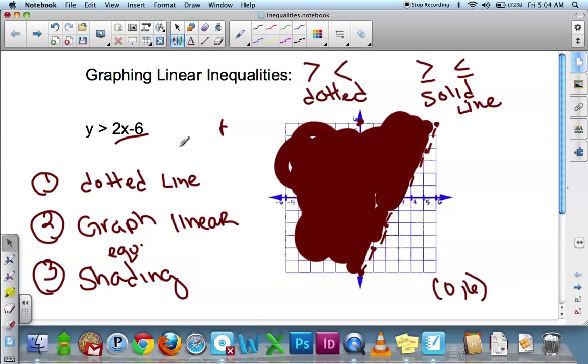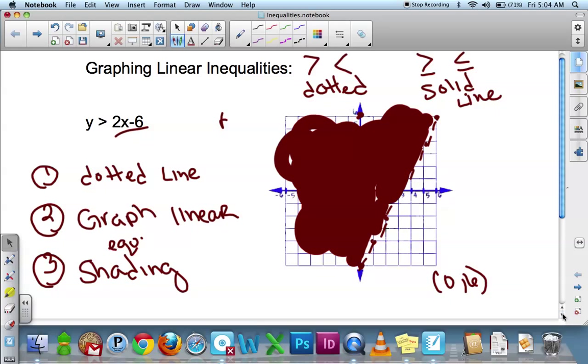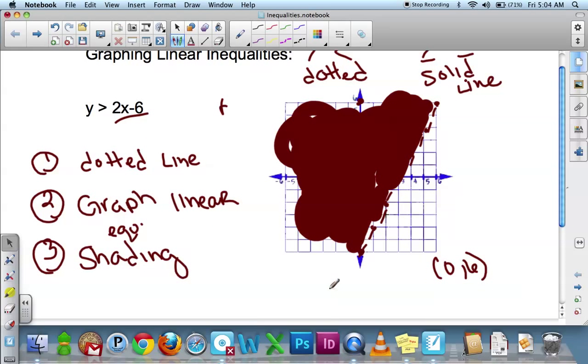If I plug in a 0 into my equation, my inequality, I'm going to plug in my 6, so I got 6 is greater than 2 times x, and that's going to be our 0 minus 6. So in this case, this whole equation gets written as 6 is greater than negative 6. This checks out. This makes sense. Now, if we picked an ordered pair down below here, that wouldn't work. So that's just one way for you guys to check.